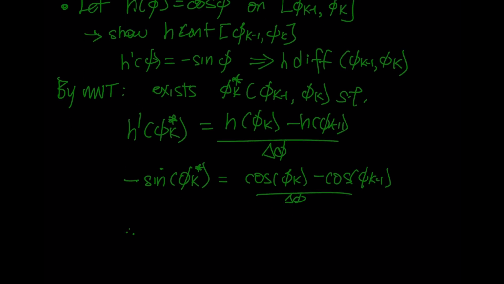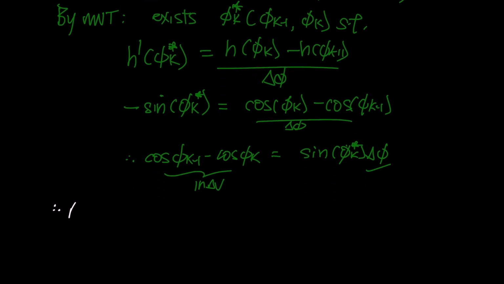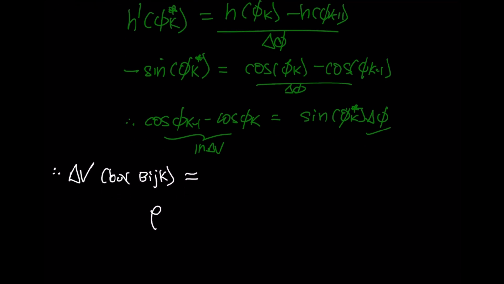So at the end of the day, the thing that we have in our delta volume, which had these in the reverse order, is now going to end up giving us a sine of φₖ* Δφ. That's exactly what we're looking for. So putting this all together, the volume of this box Bᵢⱼₖ, we had a 1/3 difference in these ρ values.